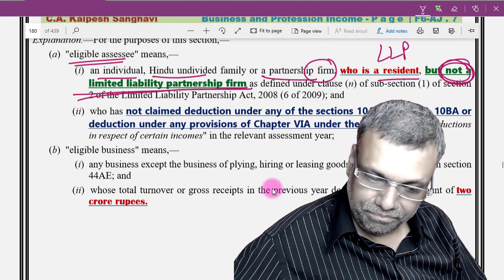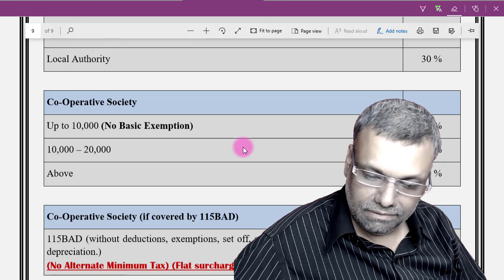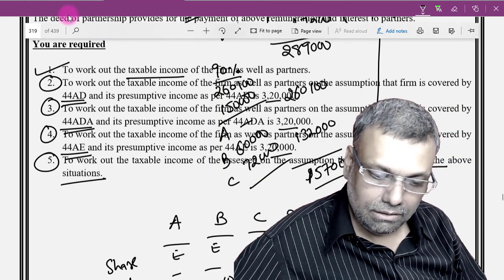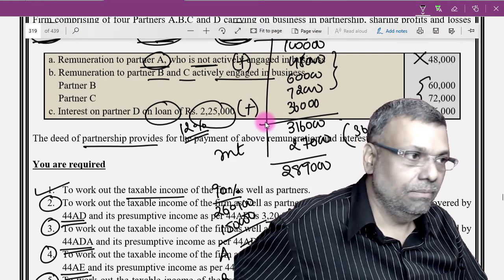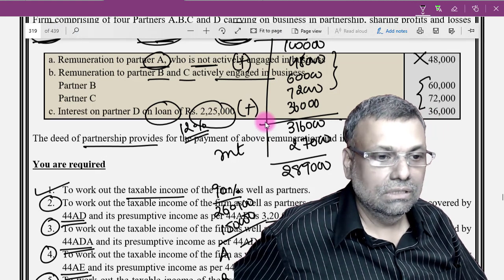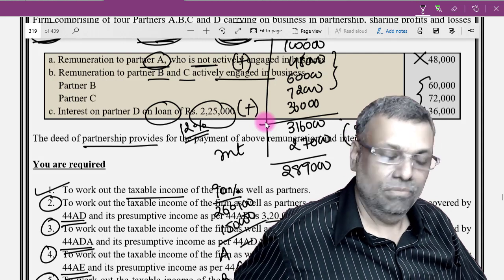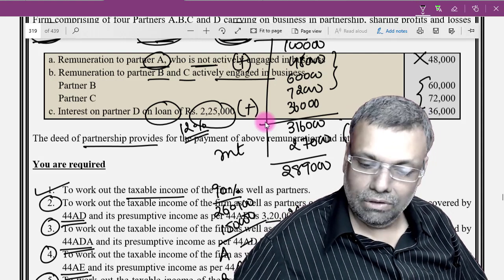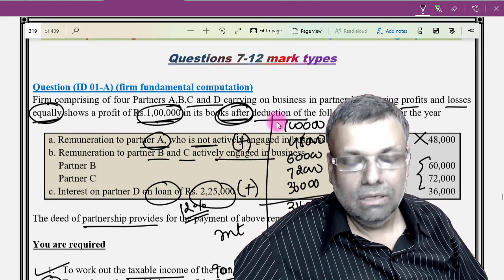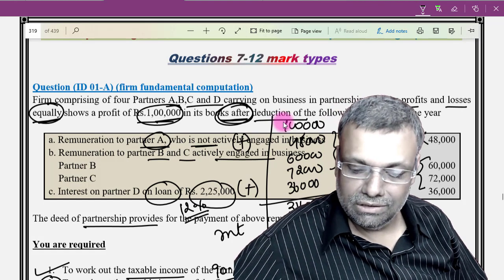Now, supposing the assessee is an LLP, see how I will change my answer. First of all, if it is an LLP, section 40B, normal remuneration, all that I will get.